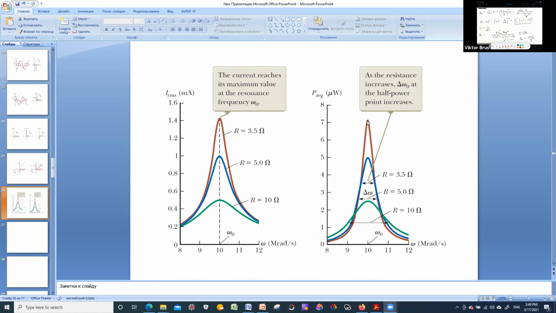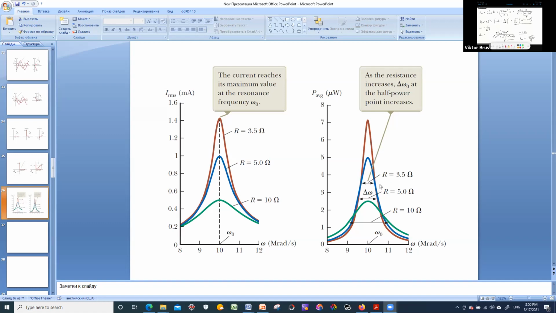So we want to be very selective, and selective means we want this peak to be as narrow as possible, because only electromagnetic waves at this particular frequency will then create electric current in our AC circuit and eventually be delivered to the speaker of the radio. So we don't want to hear noises from closely located radio stations working at frequencies close to the one we're interested in. To avoid noise, this peak should be as narrow as possible. From one side, you want some limit of the RMS current under resonance condition.